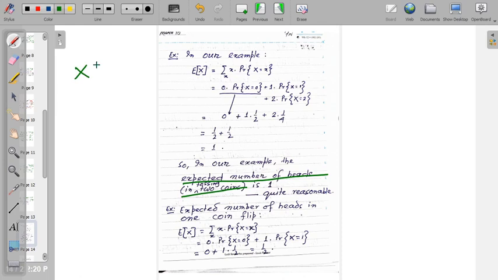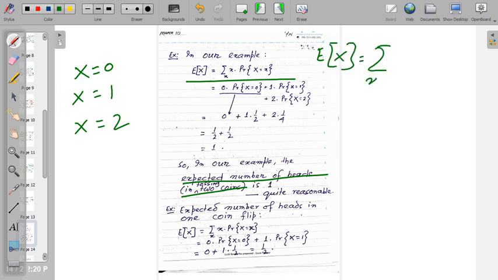We have to work out what values x can take: it can take 0, 1, 2, as we have seen. Then I fit that into this definition: expectation of x is the summation over all x of x times its weight, probability x equal to x.